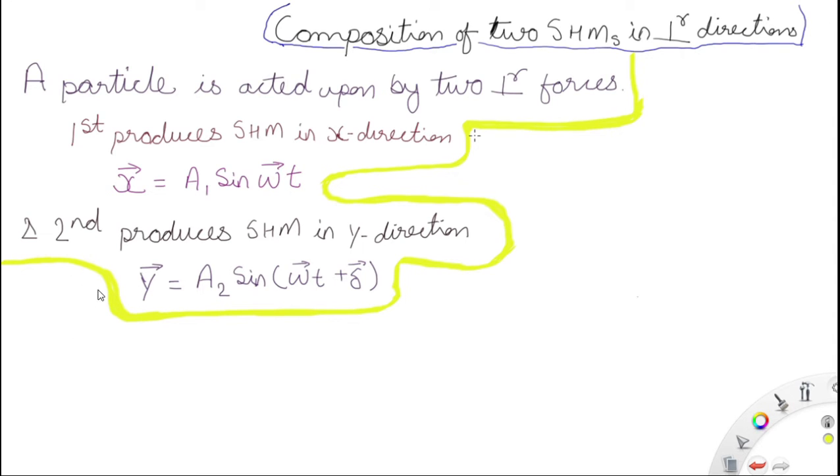The composition of these two forces Fx and Fy will give a resultant displacement xy in the plane. In the xy plane the point will be x comma y, on which the resultant of Fx and Fy will be active, in the rectangular coordinates.